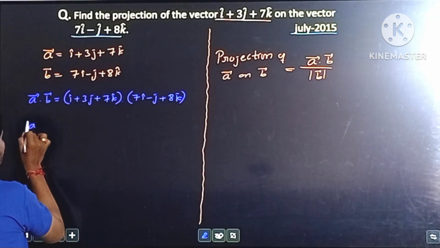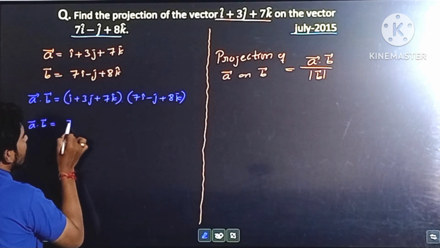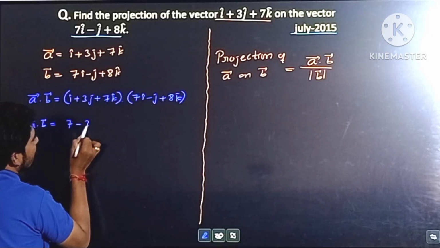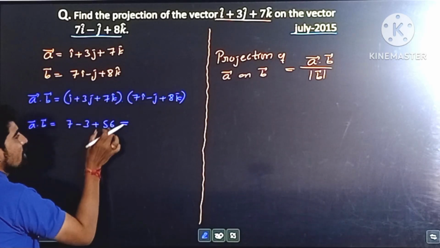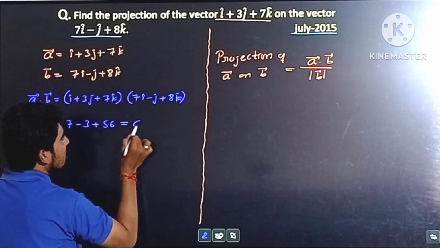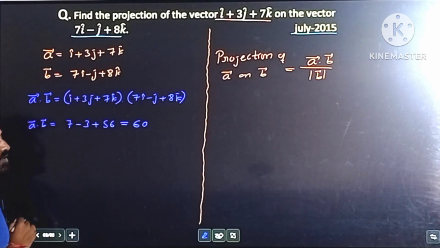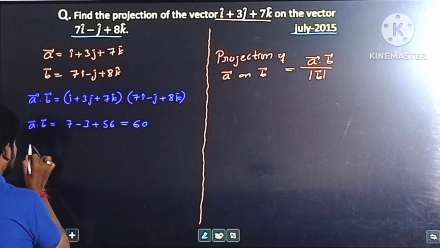So A vector dot B vector is equal to 1 into 7, 7, plus 3 into minus 1, minus 3, plus 7 into 8, 56, which is equal to 56 plus 7 is 63, 63 minus 3 is 60. Therefore, the value of A vector dot B vector is 60.